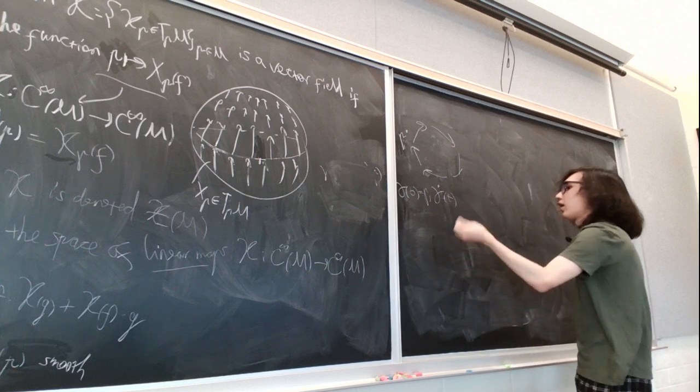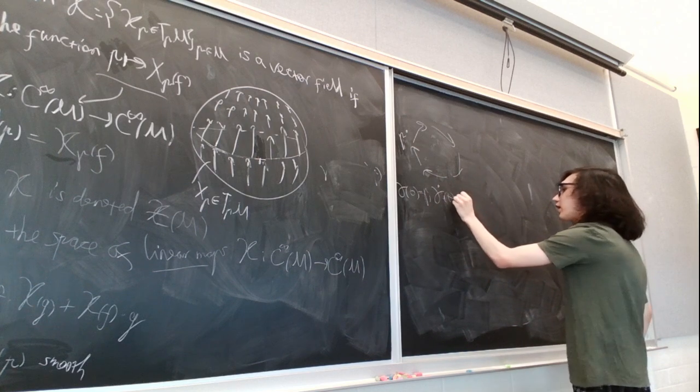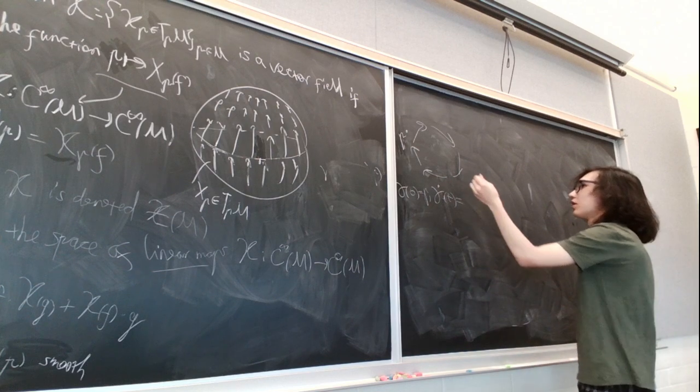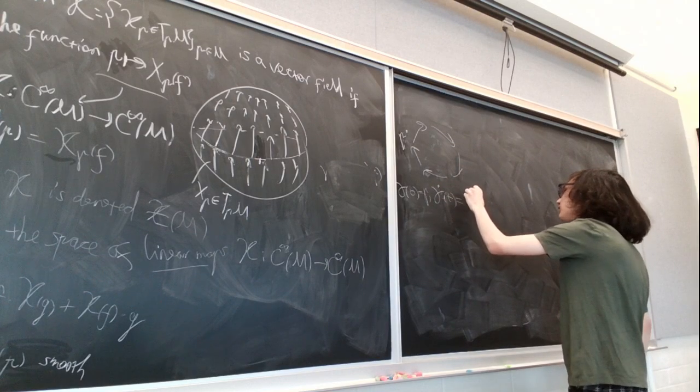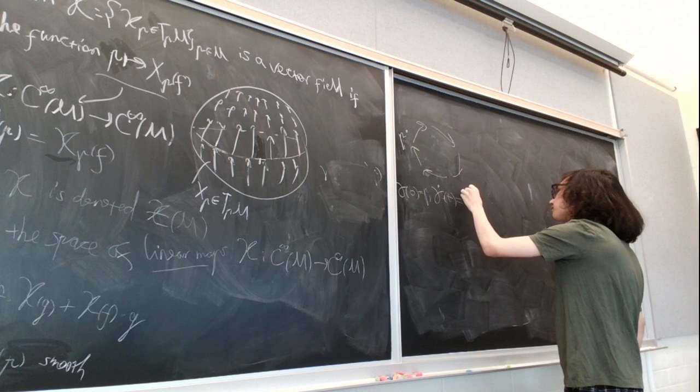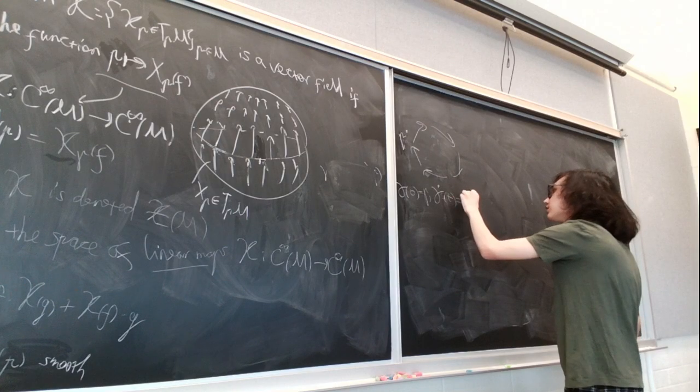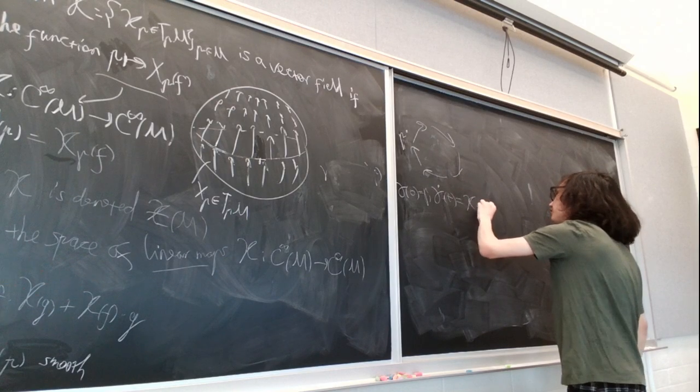And I also want gamma at every point to be going in the same direction as the vector field at that point. So gamma prime of t is equal to X at gamma of t.